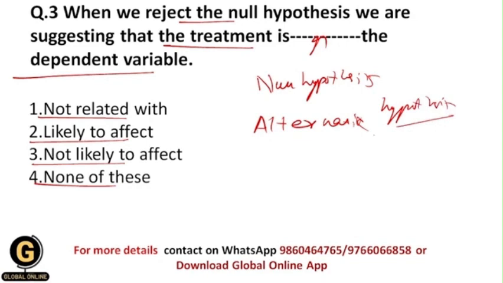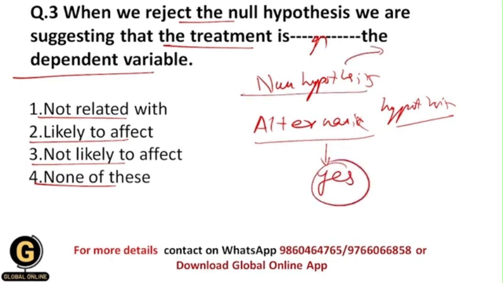Because in the alternative hypothesis we predict that there is a relationship between the two variables, but in the null hypothesis we predict that there is no relationship between the two variables under study. And that's why whenever we reject the null hypothesis, then automatically we accept the alternative hypothesis. And that's why here ultimately we accept that there is a relationship between the two variables.